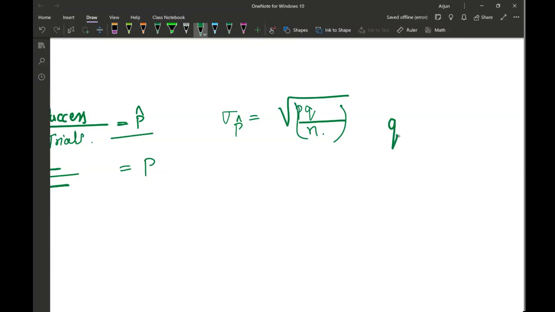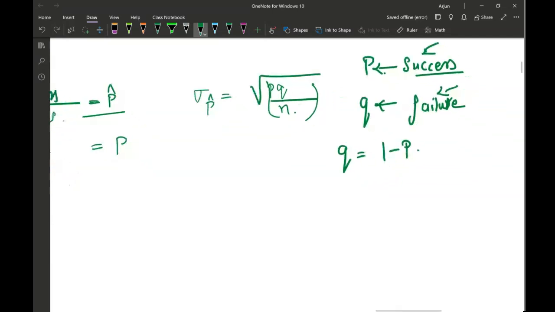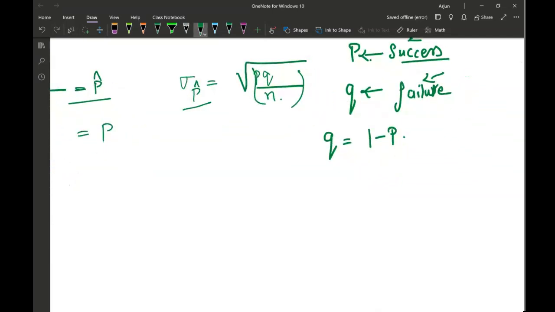Now what is q? If p is the proportion of success, q is the proportion of failure. Q is 1 minus p. This will play the role of the standard error.